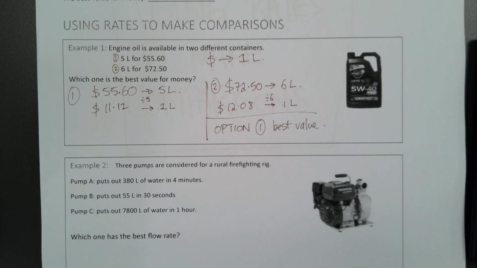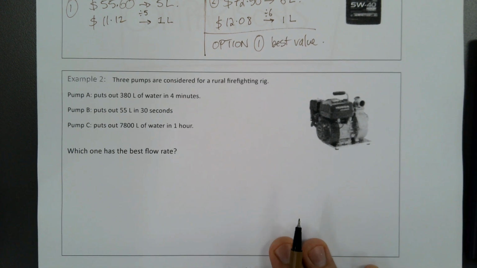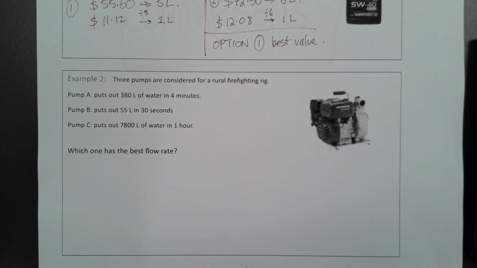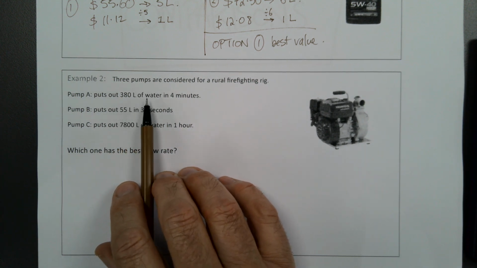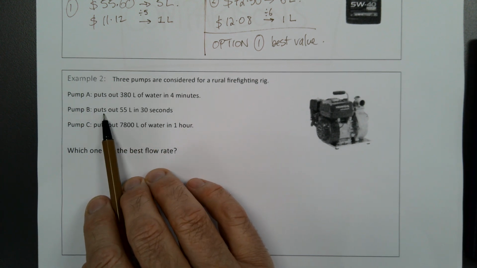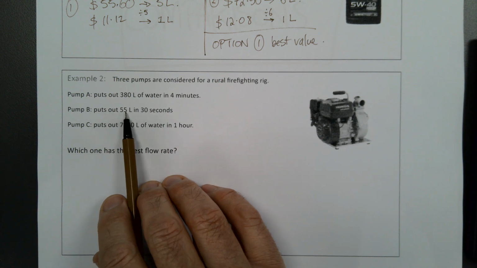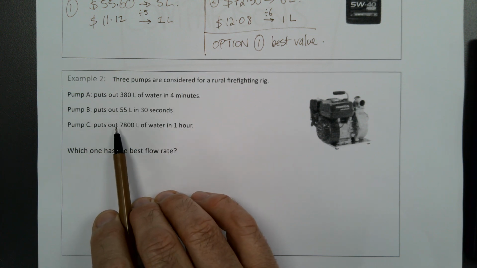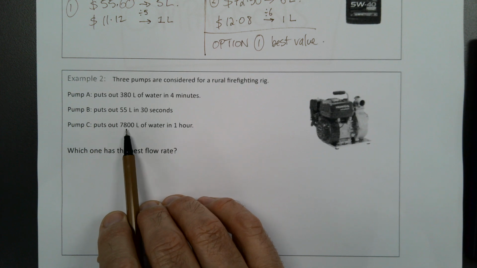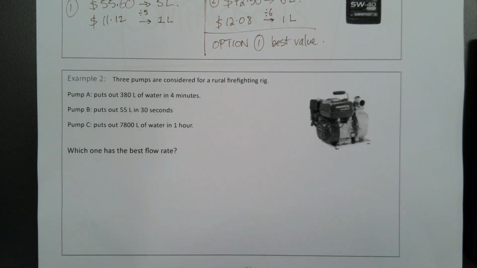All right, it can get a little more complicated. So we go down here, number 2. 3 pumps are being considered for a rural firefighting rig. Pump A puts out 380 litres of water in 4 minutes. B puts out 55 litres in 30 seconds. C puts out 7,800 litres in 1 hour.